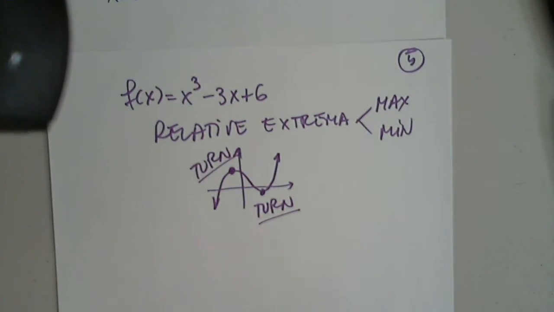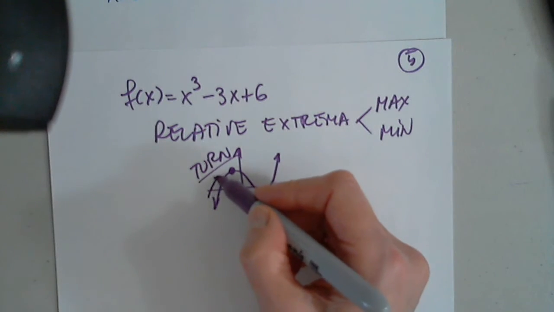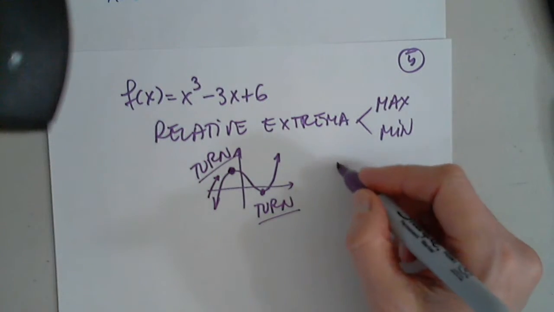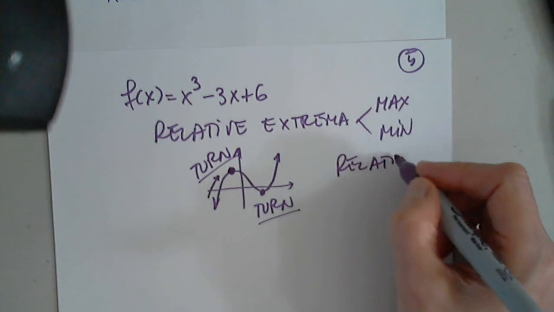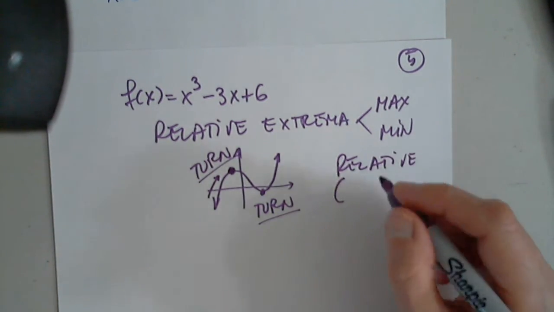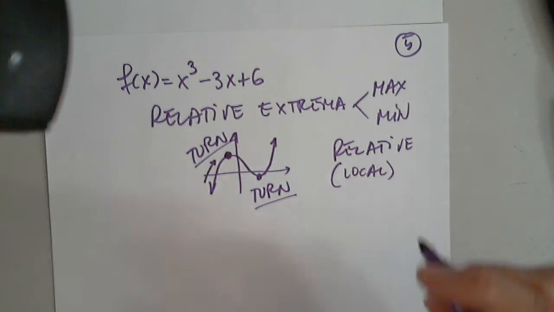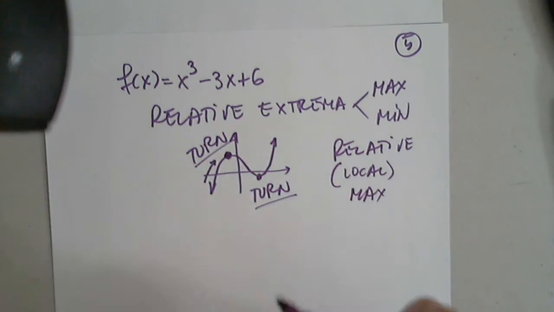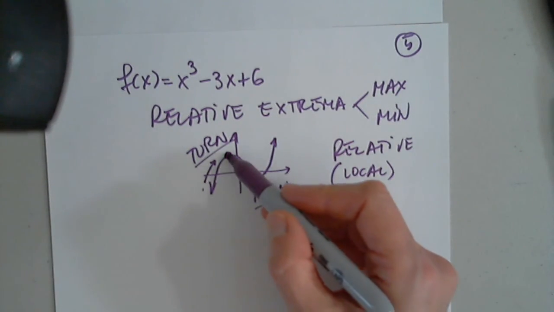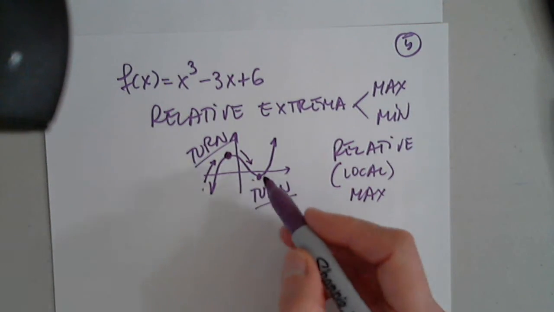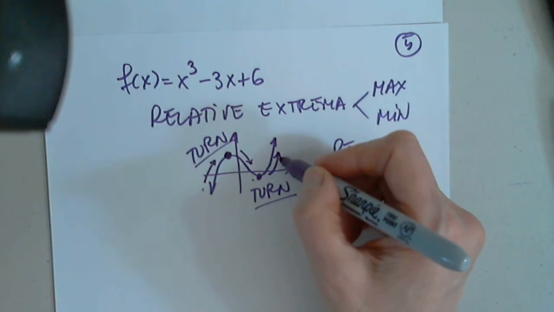You notice that in this situation, the function is increasing. It reaches a maximum. It's called relative. In some books, you're going to find the word local. Same thing, relative or local max. So it's increasing, it reaches a maximum, then it's decreasing, it reaches a minimum, and then it's increasing.